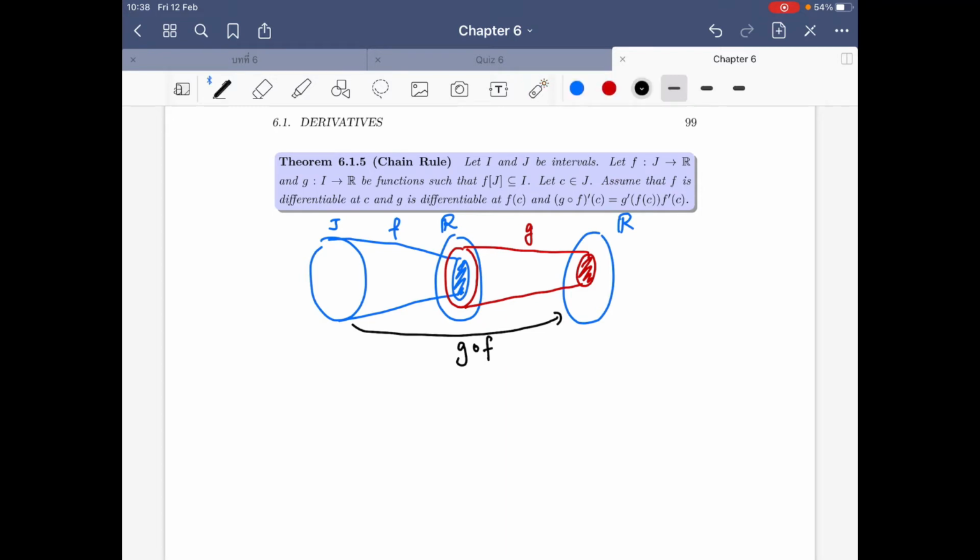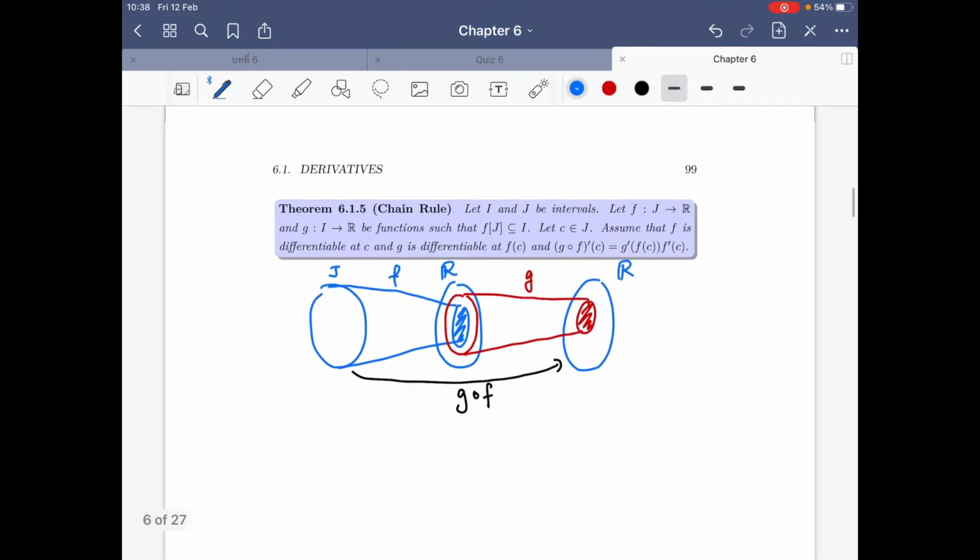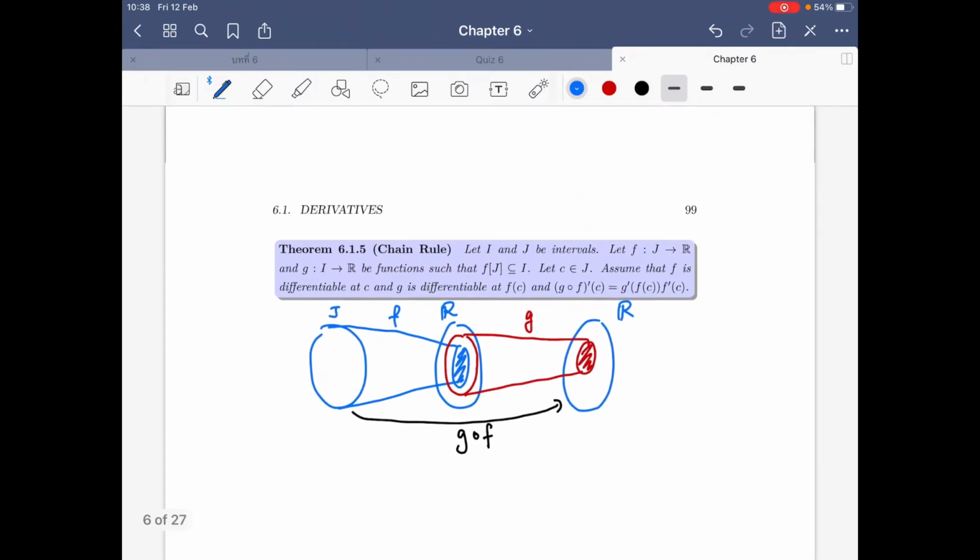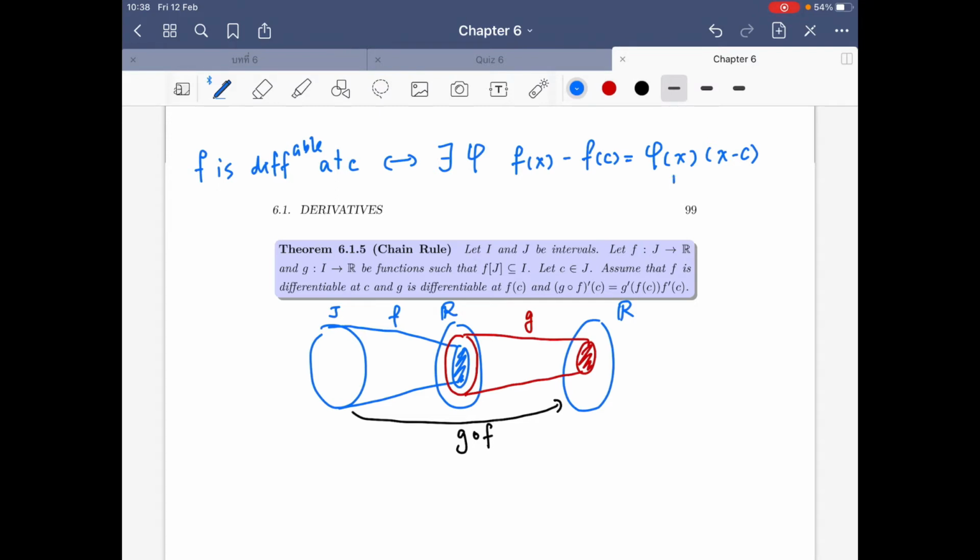Of course, we already have the Carathéodory theorem, which is saying that if your f is differentiable at the point c, we can find the phi from the same domain so that f of x minus f of c equals phi of x multiplied by x minus c, for each and every point x in the domain of the function f, and the value of phi at c is actually your f prime at c.